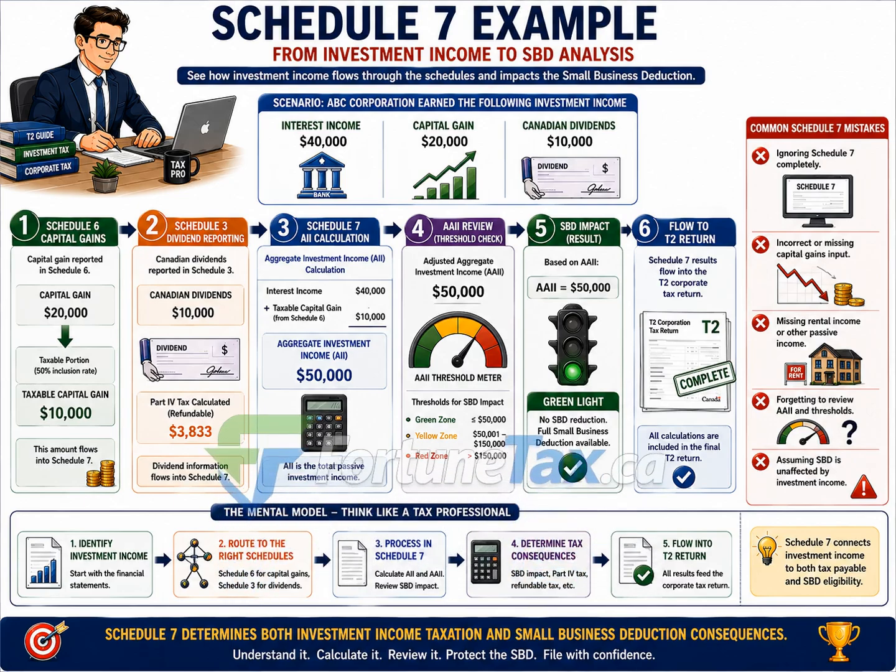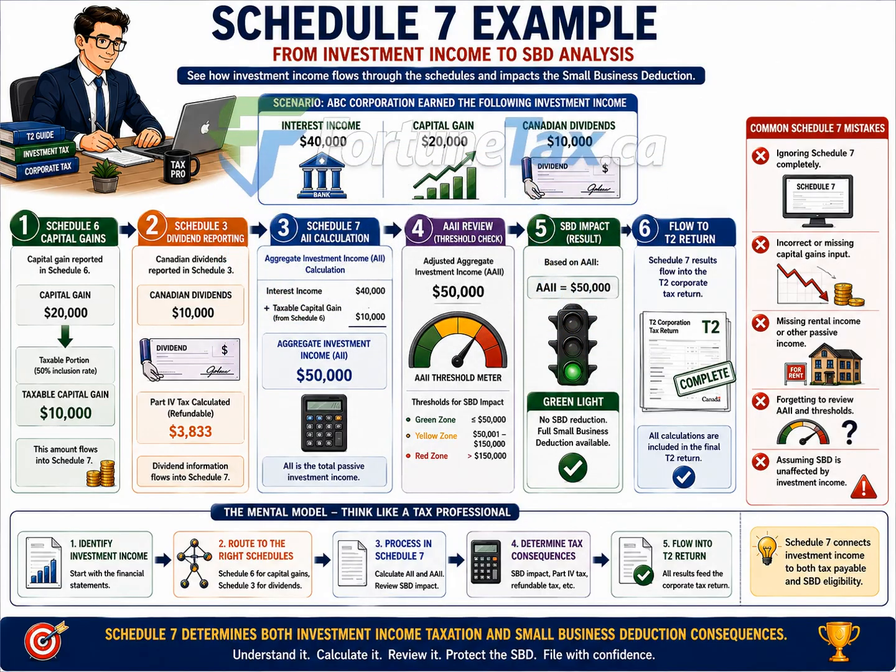Now we arrive at Schedule 7, the Investment Income Hub. Schedule 7 combines all of the relevant investment income information. In our example, the corporation has $40,000 of interest income and $10,000 of taxable capital gains flowing in from Schedule 6.